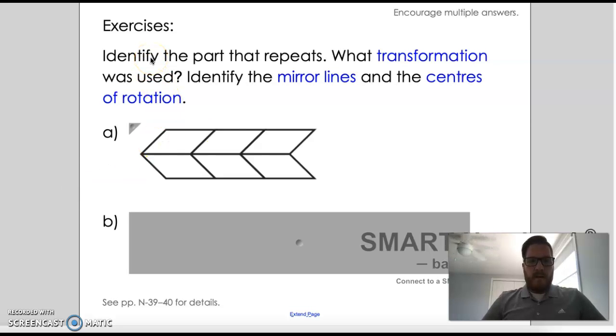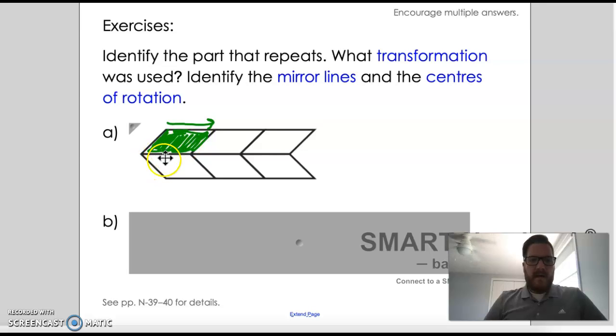so the part that repeats, we could say is maybe this shape here is what gets repeated. Now, I think this one actually could have a couple possible different answers, but that's the shape I think that gets repeated. And so this shape, this green shape here, the first thing that we can say is, well, it's being translated to the right is one thing that we could say is happening.